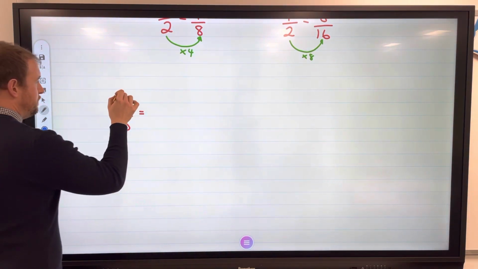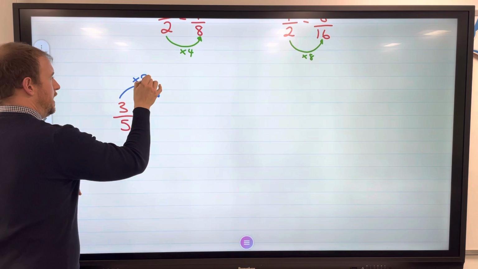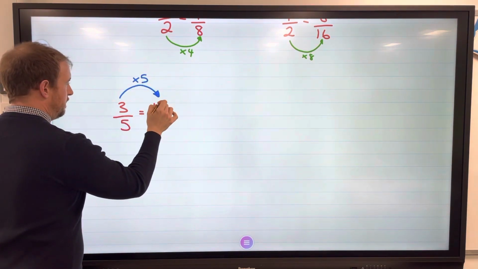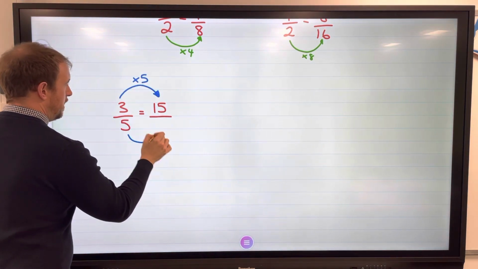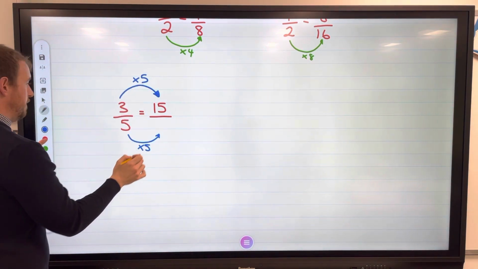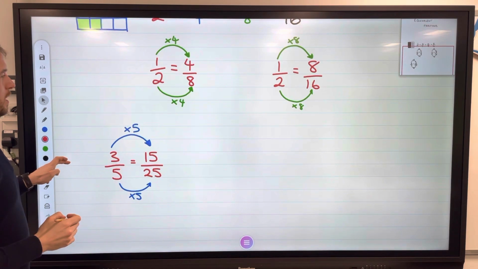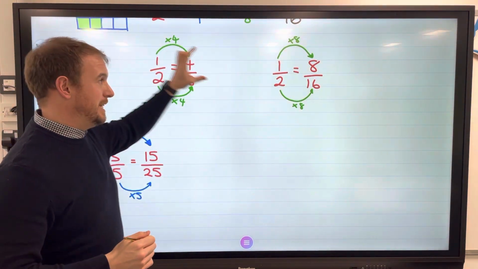This time, I'm going to multiply by 5. 3 times 5 is 15. And then the bottom bit, as long as we do the same, times by 5, times by 5, we have equivalent fractions.